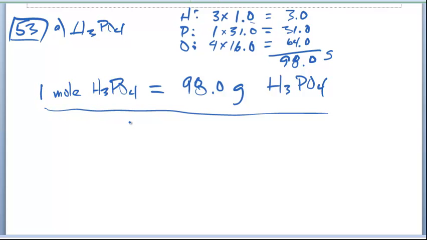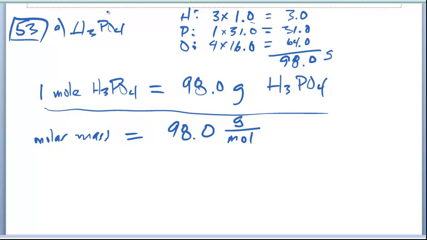The other thing I want to mention is a convention, a format for units when we're indicating molar mass. So if we go back to the question, it says calculate the molar mass of each substance. So the molar mass, and this is something that we haven't mentioned explicitly in class, but I want to mention it here. Formally, the unit is grams per mole.